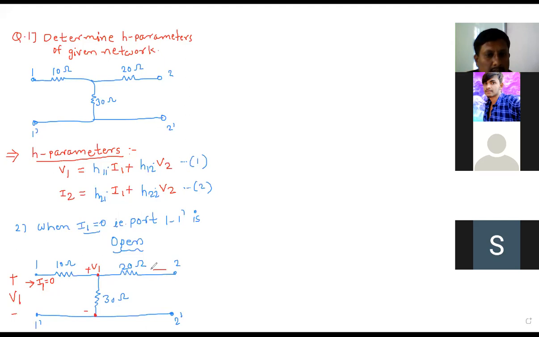Now next, this current is I2 and the supply here is V2. Now when I1 equal to 0 you get two parameters, H12 and H22. So H12 is equal to V1 upon V2, and H22 is I2 upon V2. So again, variables of the same port here. So straightforwardly go for finding Z equivalent, the equivalent impedance.